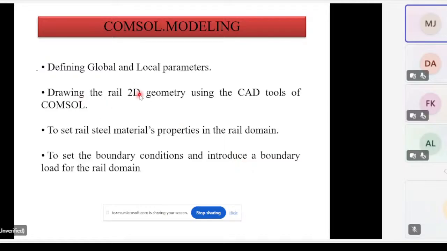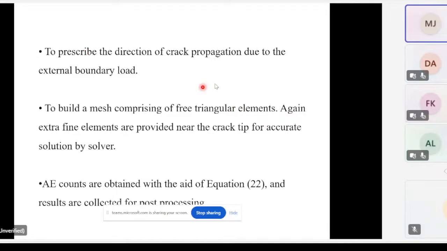For that, you have to define the global and local parameters. You make a 2D rail section, use CAD tools, and ultimately interface with COMSOL. In COMSOL, you can do that and set the rail steel material parameters. That will be asked by the mechanics toolbox of COMSOL. Once you do that, you will get the direction of crack propagation.